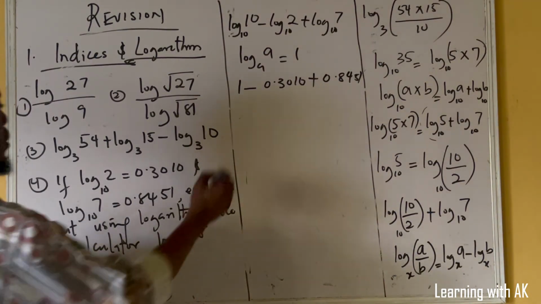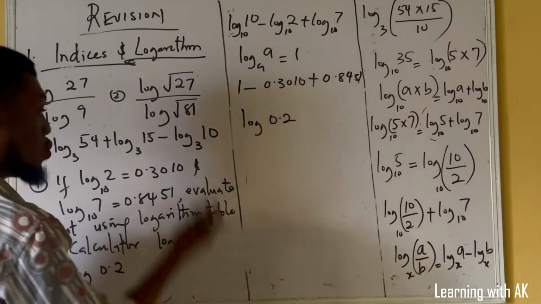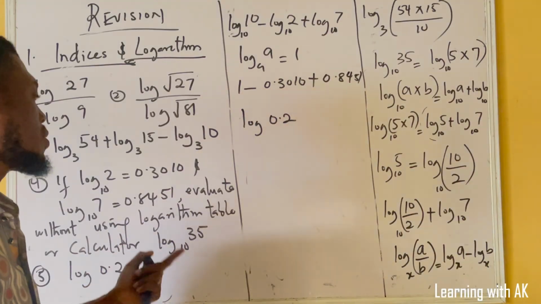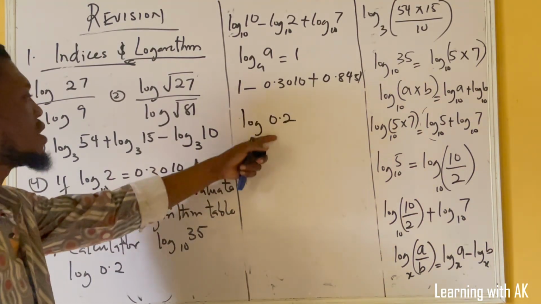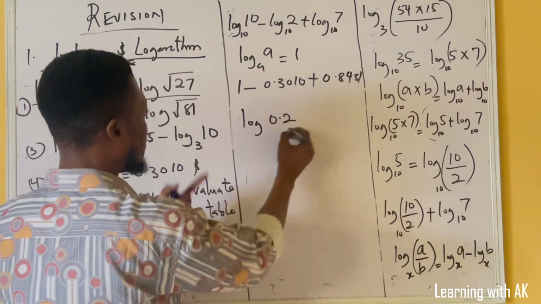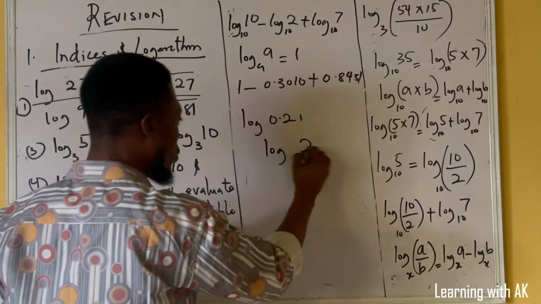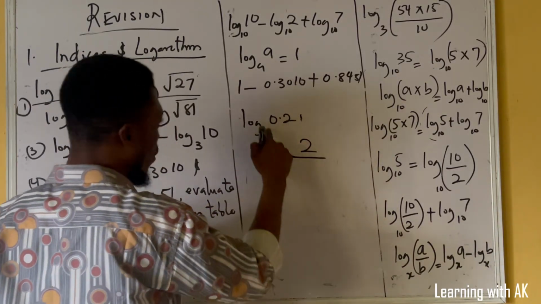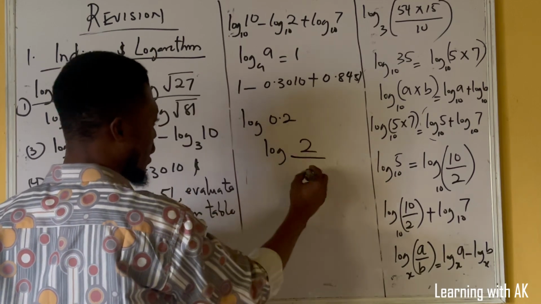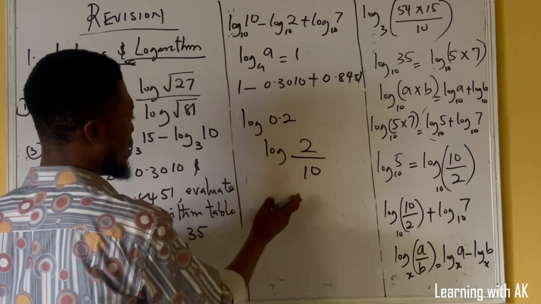And finally, we have log 0.2. What does that mean? Don't forget, when you don't have any base here, it means it's log base 10. So how do you express this? You have to express this in terms of a fraction, because it's in decimal. That means I can write this as log 2 over 10.